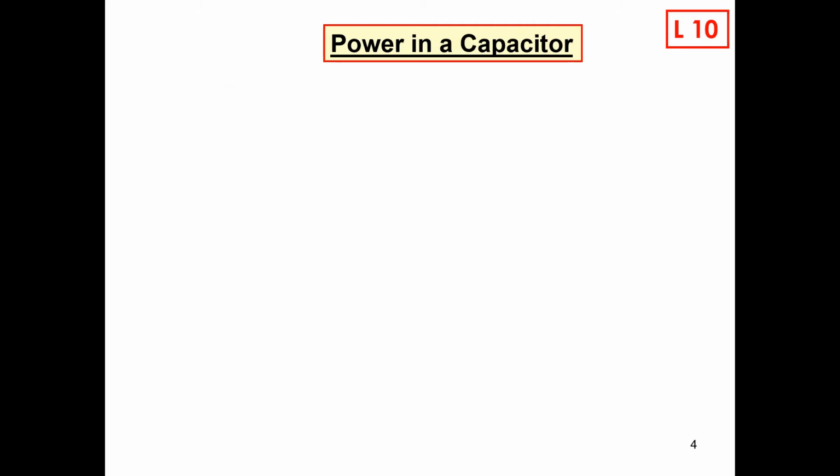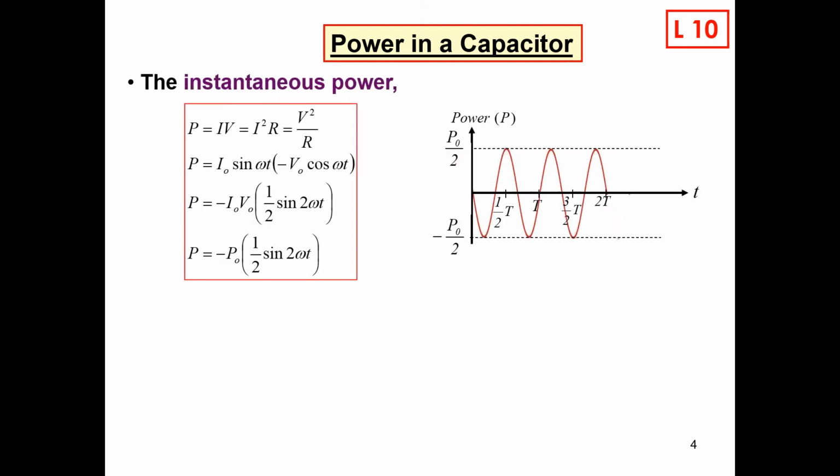Next, look at the power in a capacitor. The first one is the instantaneous power. From the equation, P is equal to IV. The current is I naught sine omega t, and V is the voltage across the capacitor. As in the pure capacitor section, the voltage across the capacitor is equal to negative V naught cos omega t.